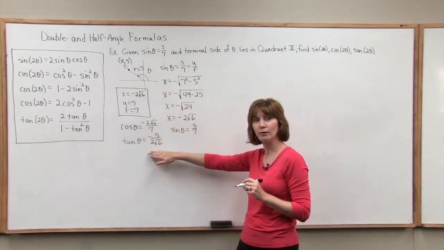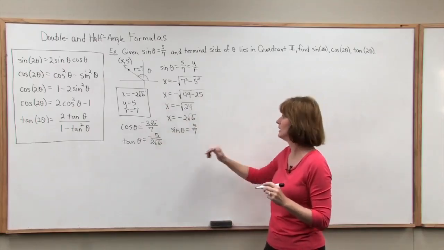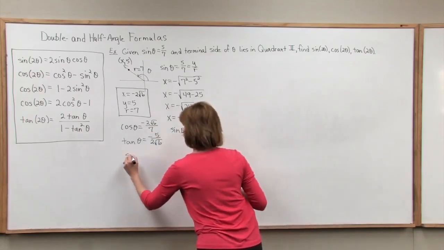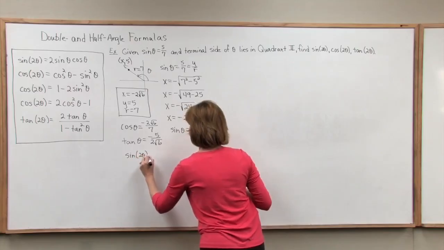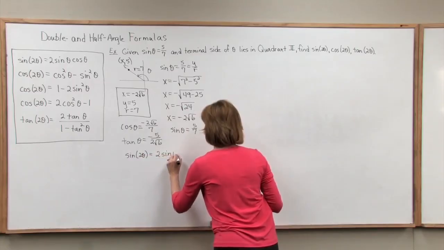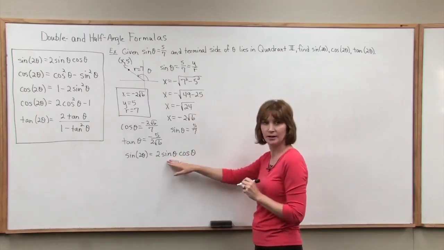Very important to do this part right, because if you make a mistake here, then the rest of it will be wrong. So now that we've got a picture, let's first find the sine of 2 theta. Well, the identity for that is 2 sine theta cosine theta. And now we just have to plug in our values.